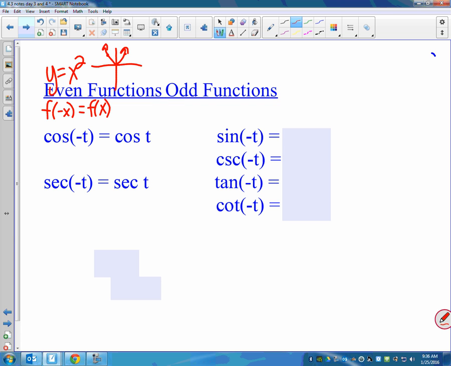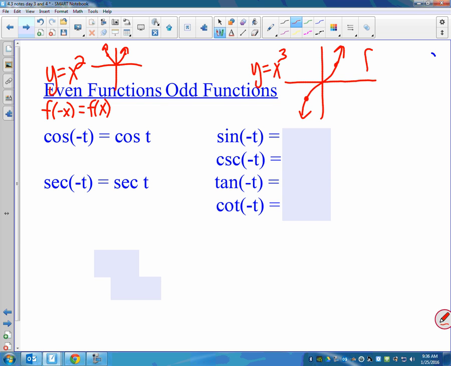So what does it mean to be odd? My favorite odd function is x cubed. That's what x cubed looks like. The definition of an odd function is that for every positive value you plug in, you get the exact opposite value out.